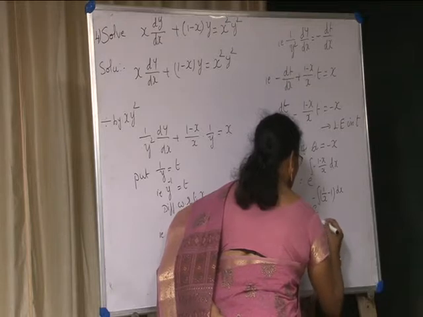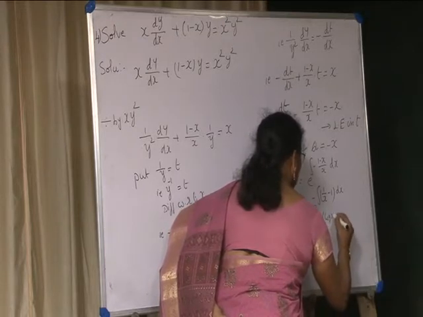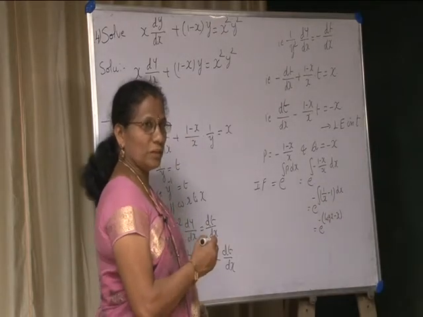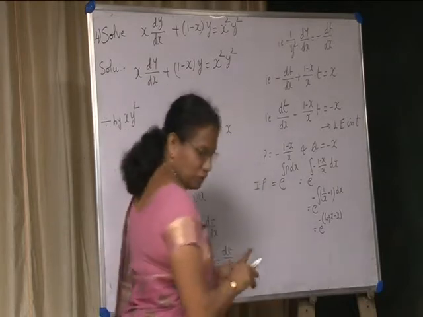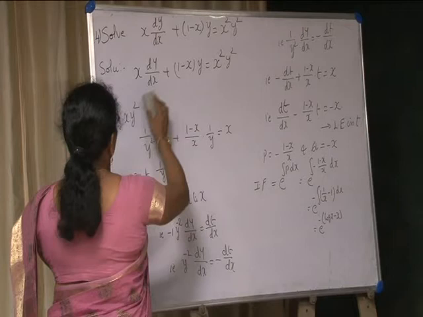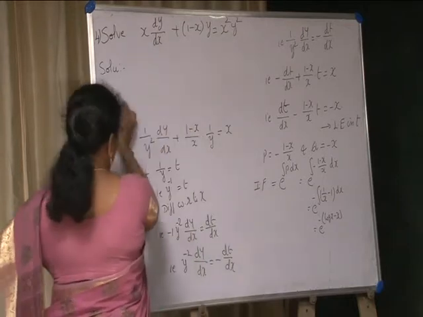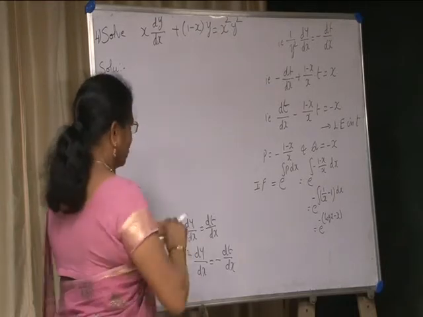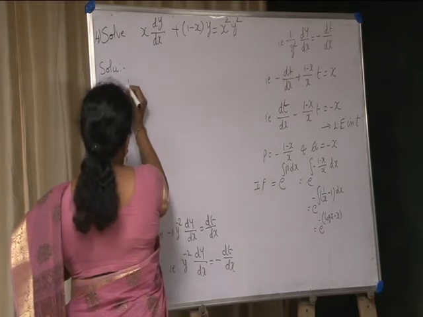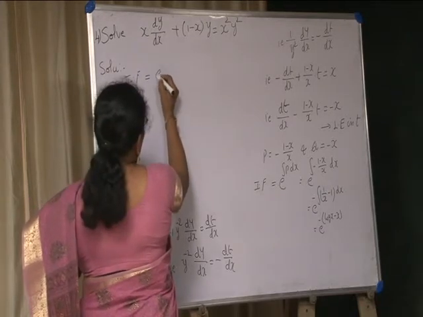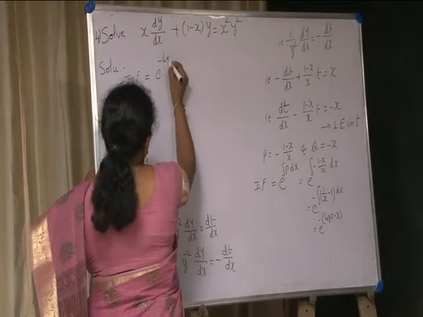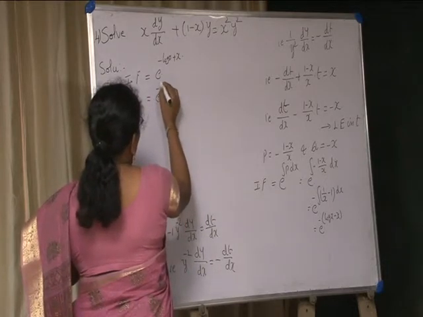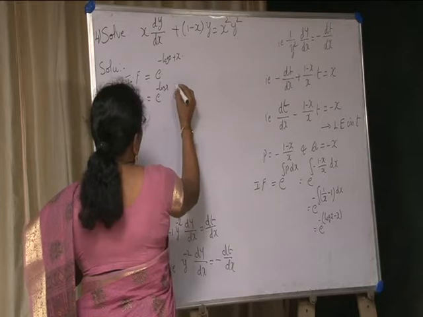So, this is equal to e to the power of minus log of x minus x, e to the power of minus log x plus x. This can be written as e to the power of minus log x into e to the power of x.